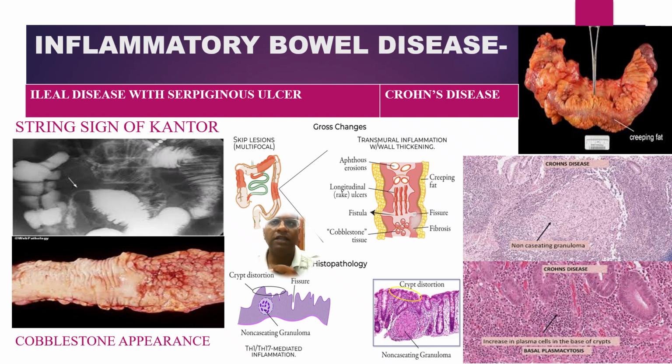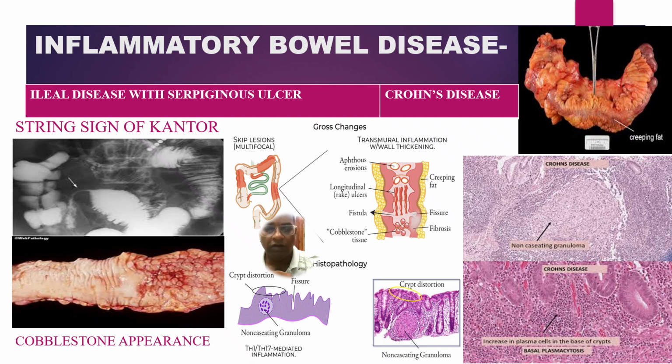As a result, there will be increased risk of colon cancers. Clinical features will be colicky abdominal pain, blood in the stools, watery eyes, photophobia, pyoderma gangrenosum in the skin, and there will be skin lesions associated with certain deposits called metastatic Crohn's disease.